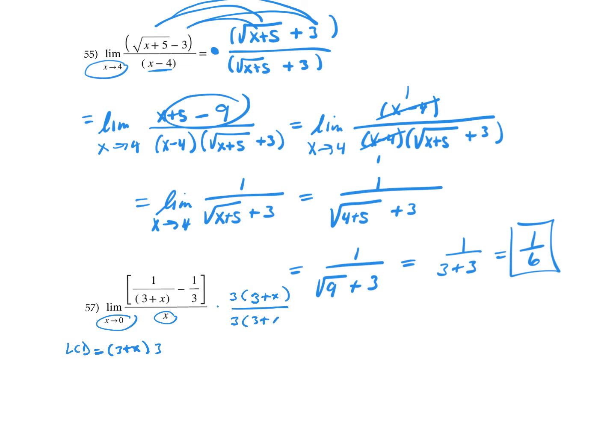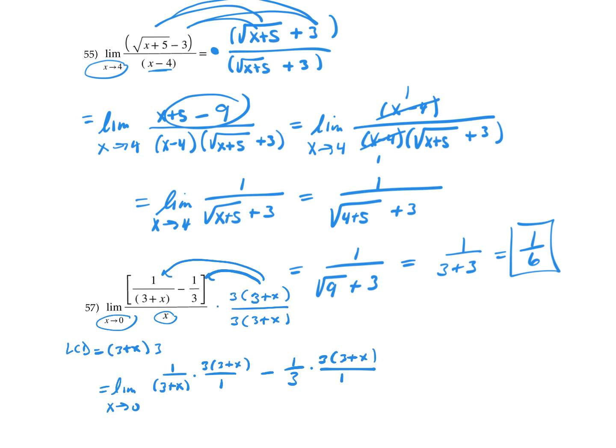and that denominator by 3 times 3 plus x. So we'll have the limit as x approaches 0 of 1 over 3 plus x times that LCD, 3 times 3 plus x over 1, minus 1/3 times that LCD, 3 times 3 plus x all over 1.